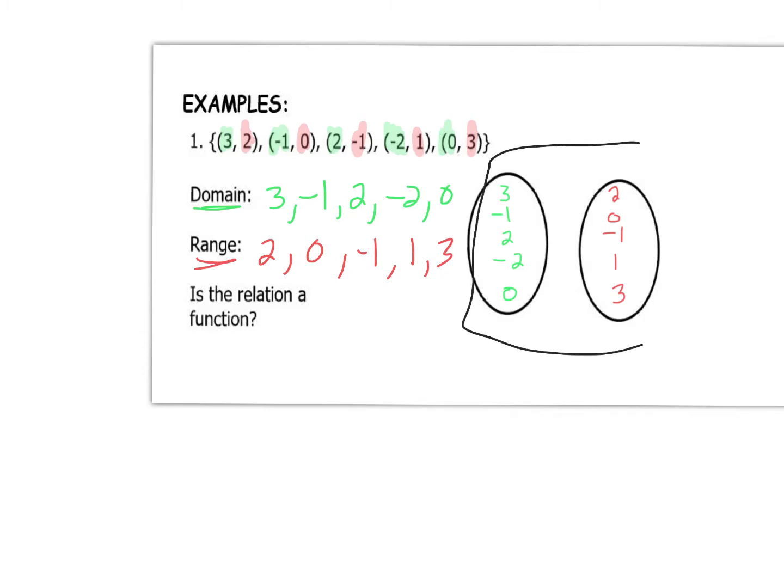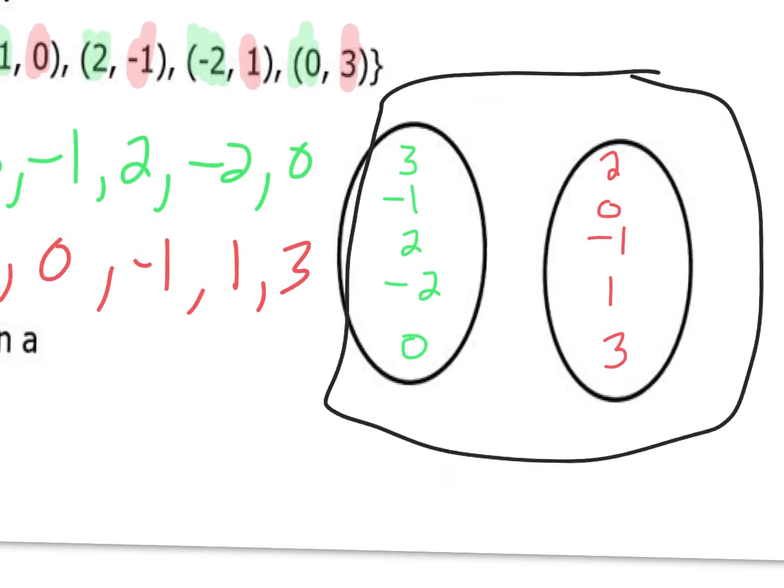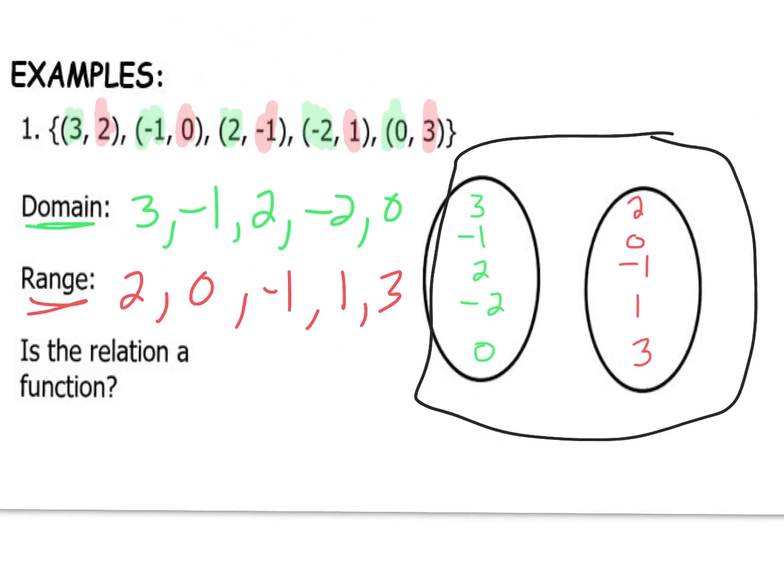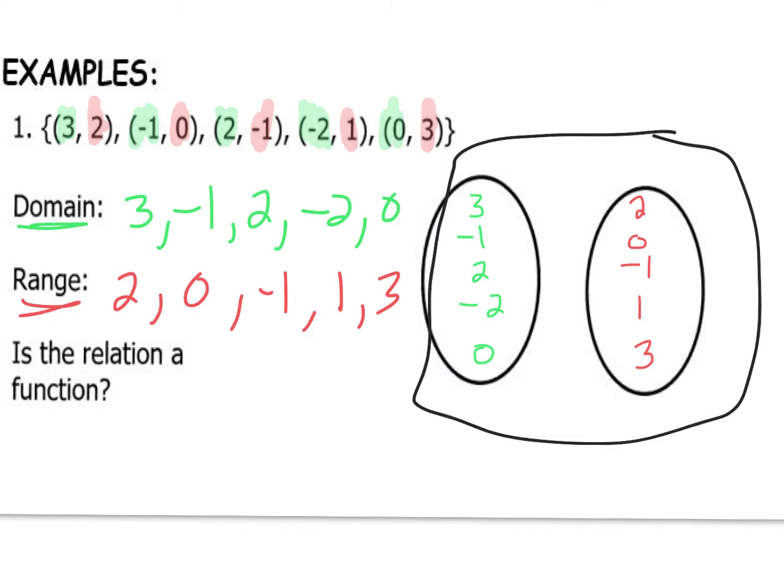What you're going to see are arrows for the ordered pairs. For the first one, we have the ordered pair 3 to 2, so we draw an arrow from 3 to 2. Our next relation is -1 to 0.